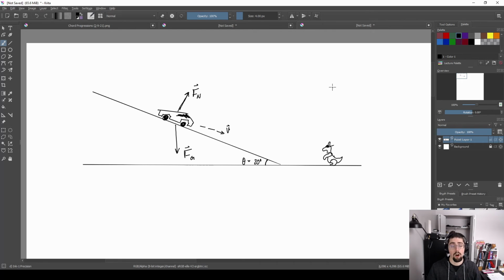That is, it's always pointing against your velocity. So when we slam on the brakes, I expect that the force from the brakes points in this direction, against my current velocity. That's another reason that I like to include that velocity, because it gives me a sense of direction for things that might be related to the velocity. So these are the three big forces that I might consider here.